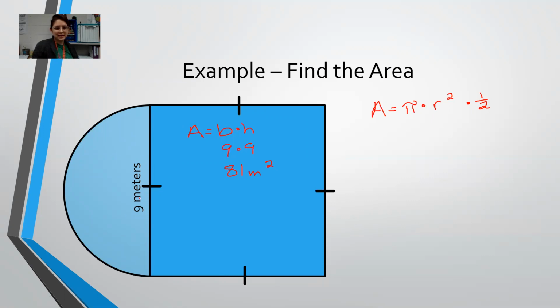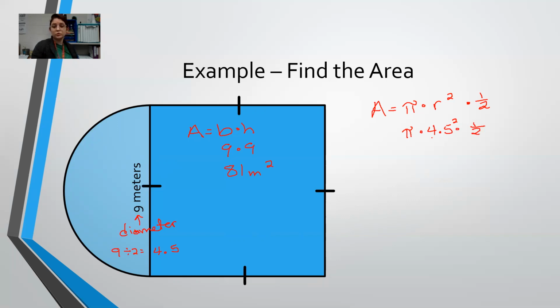That means this 9 is my diameter. I need the radius, and I find the radius by dividing the diameter in half. So 9 divided by 2 gives me 4.5. So I'm going to do pi times 4.5 squared times 1/2.